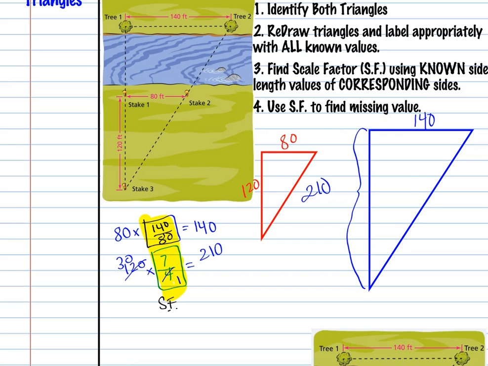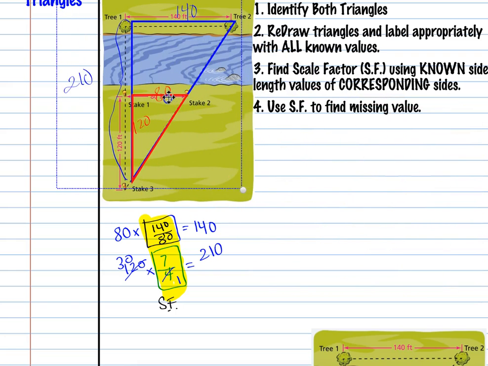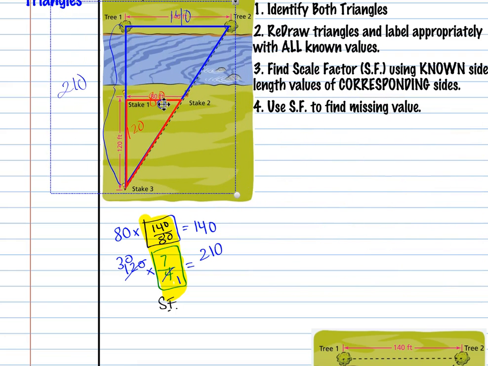I'm going to put this one back there, and I know this side length here is 120, and now this side length here is 80. Let's group these all together. I'll put this back over here and see what it looks like.